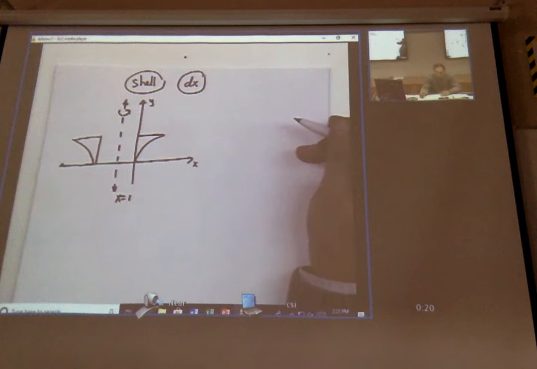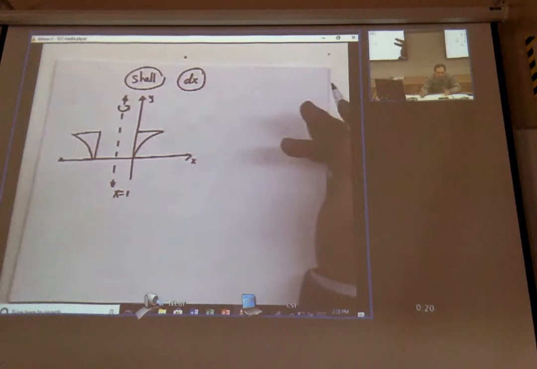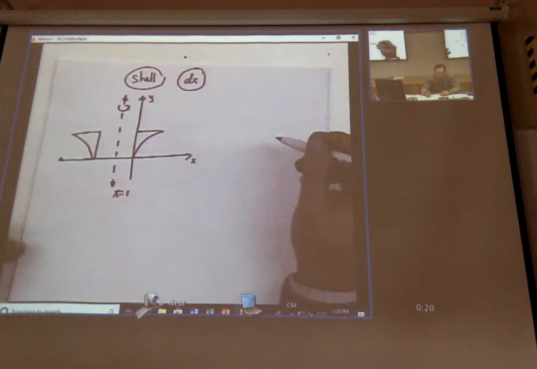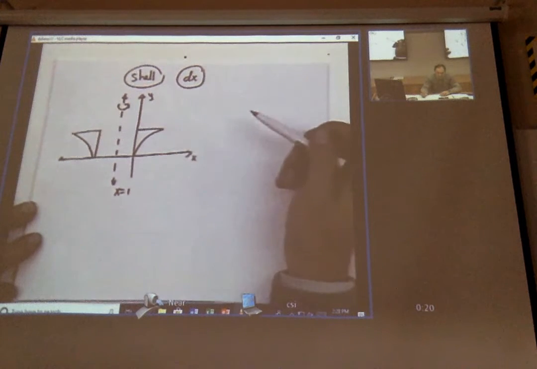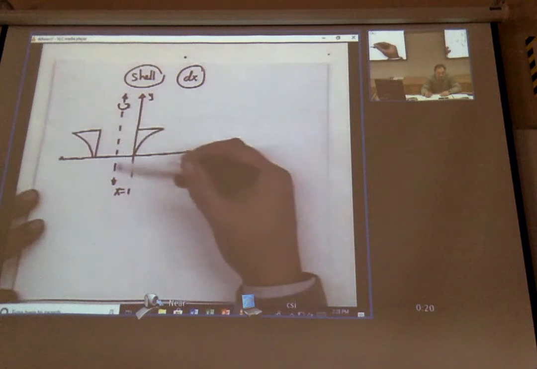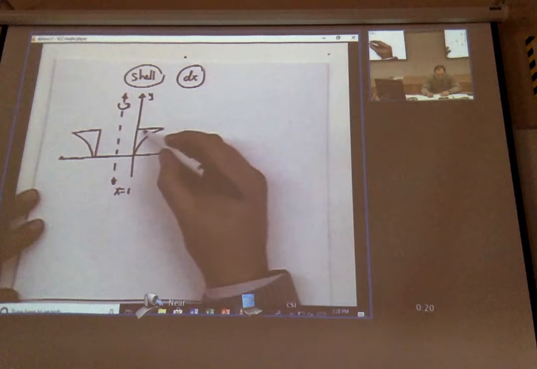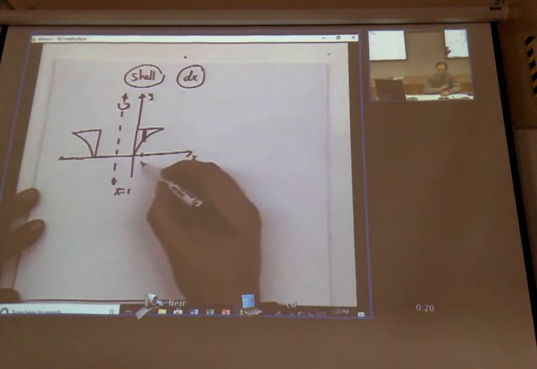Remember the shell method, I need a little rectangle. How do I put it? You put it parallel to the axis of rotation in the original picture. So my rectangle will be over here. So I have this little rectangle.